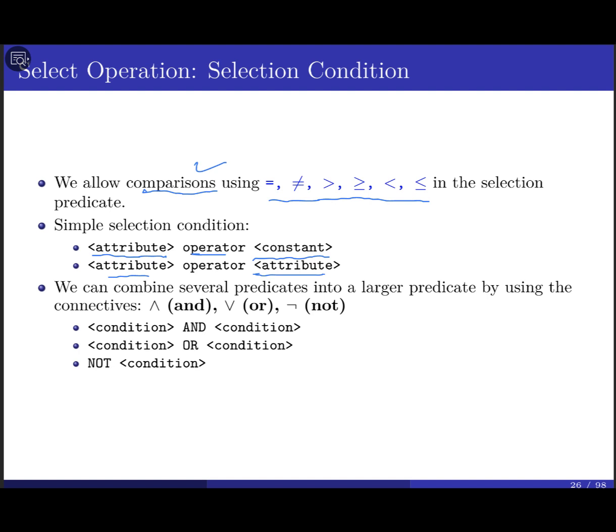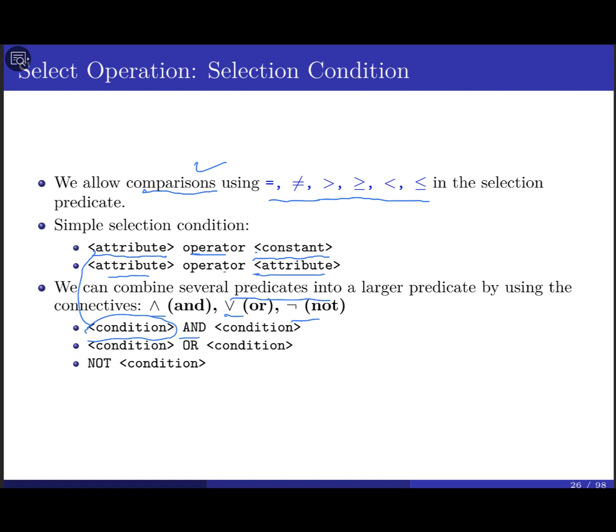So can I, for example, combine several predicates? Yes. I can use and, I can use or, I can use not. You can say, for example, you have one condition. When I say condition here, the condition might be an attribute with an operator and a constant or another attribute.